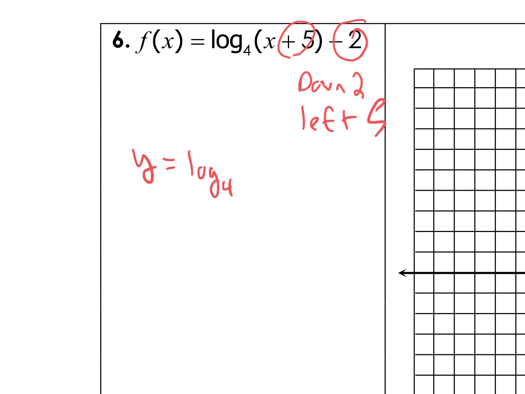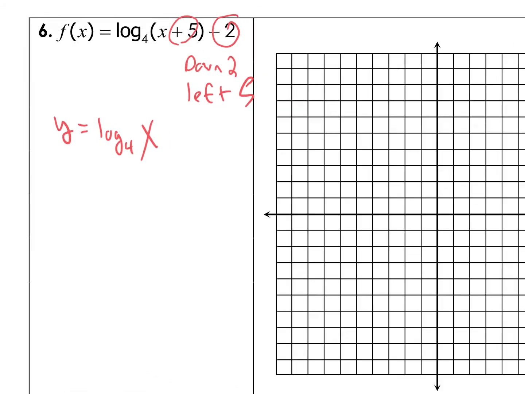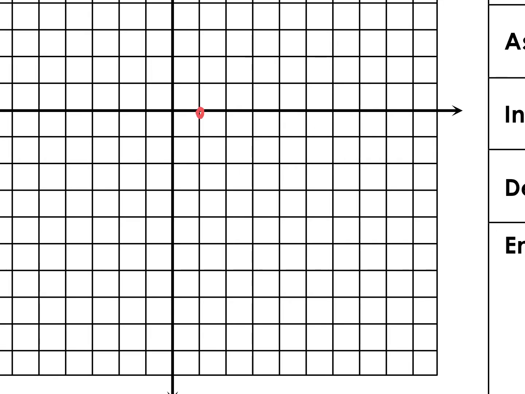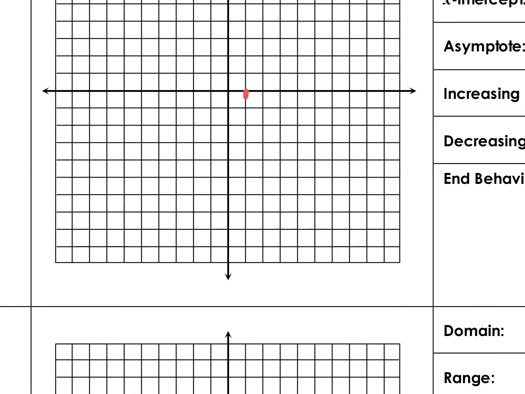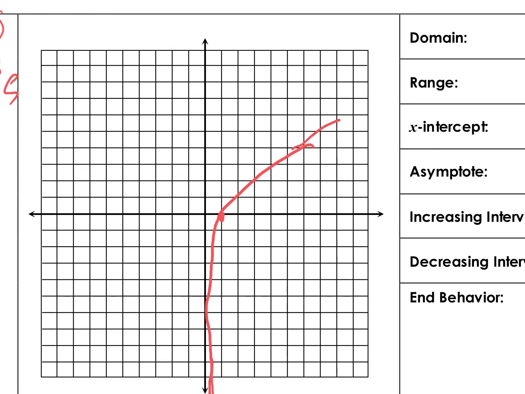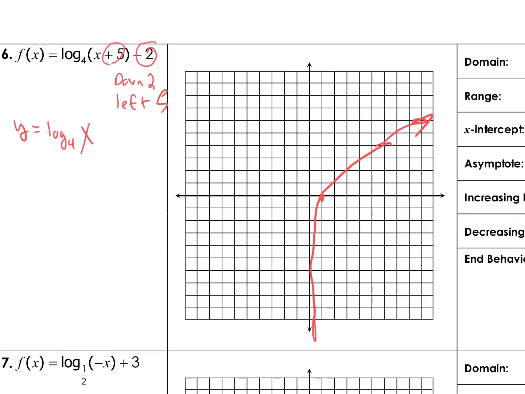Log base 4 of x. It's very simple. Log base 4 of x means it had to go through (1, 0), and it's just a normal log curve, goes up, up, up, over, over, over like this. Something like that. Okay? But there are 2 shifts.